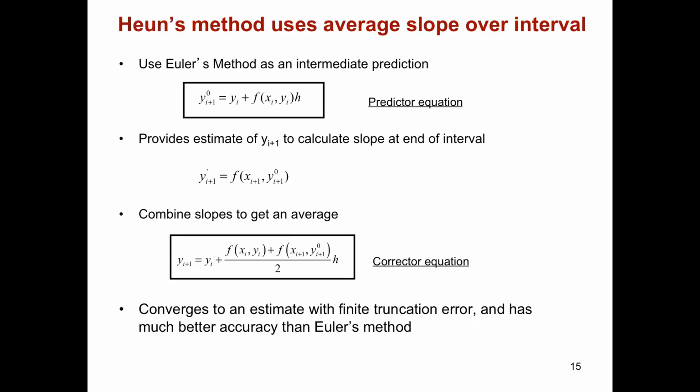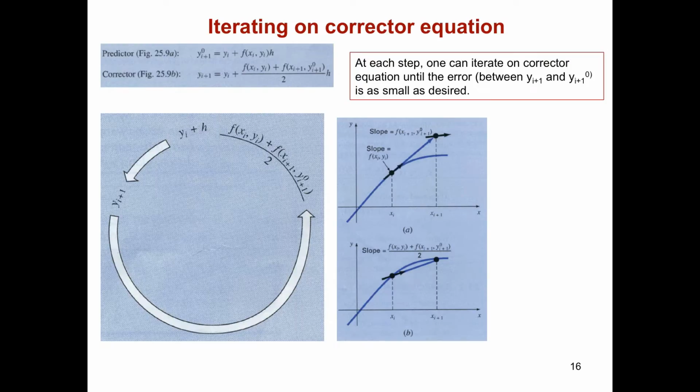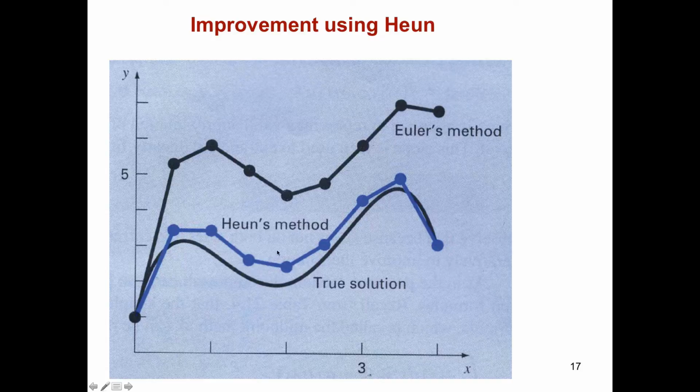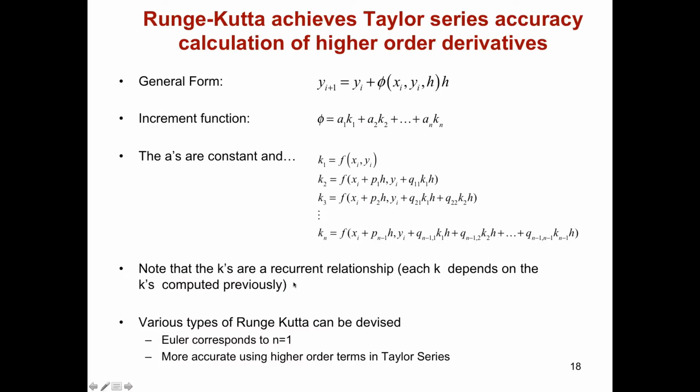And trust me, there are 50 other ways to do that. Heun's method will improve a little on Euler's for the same h. It's going to behave better, or be closer to the true solution. And we're going to do an exercise to prove that.